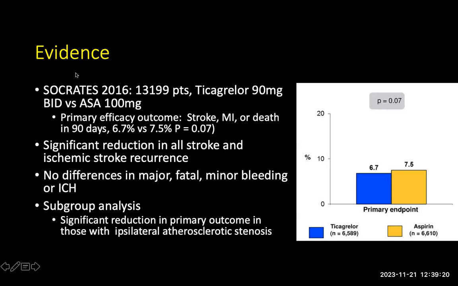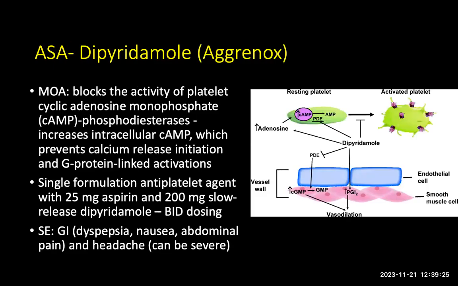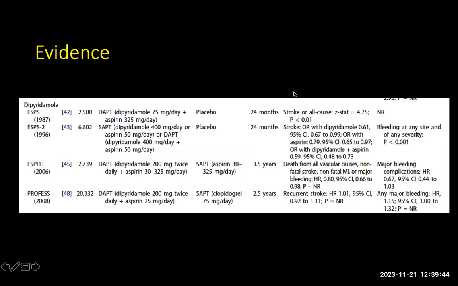The original benefit data we have is from the SOCRATES trial. I'll skip all this. Aggrenox was very popular a while back. It's no longer that popular because of some of the side effects like headaches and GI disturbances. But this is aspirin and sustained release dipyridamole, which is a cyclic phosphodiesterase inhibitor, increases cyclic AMP levels in your blood.